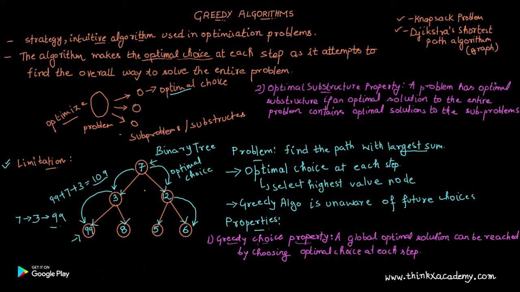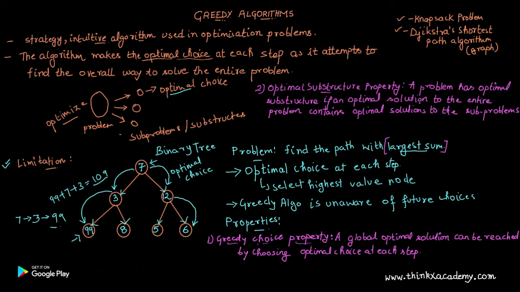So in this limitation part, you can see that if you choose an optimal choice at each step, you cannot reach a global optimal solution, which was to find the largest sum. So the next property is the optimal substructure property, which says that if a problem has optimal substructure, so let's suppose the problem is the largest sum problem, that means it has optimal sub problems.